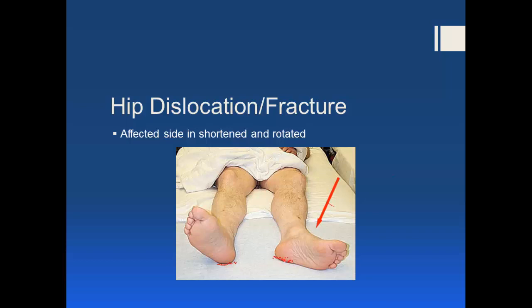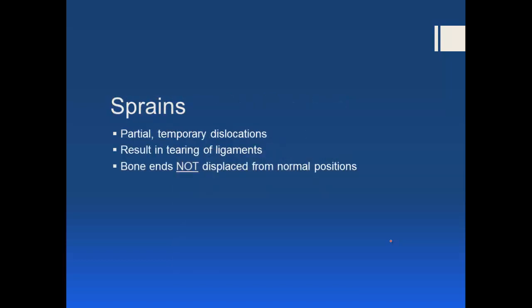I know it's hard to see that perspective here, but that is in fact the case. The leg on the affected side is shortened and rotated outward. Some dislocations, however, will rotate inward. Those are actually really hard to do. So shortened and rotated outward is either a fracture or a dislocation of the hip.